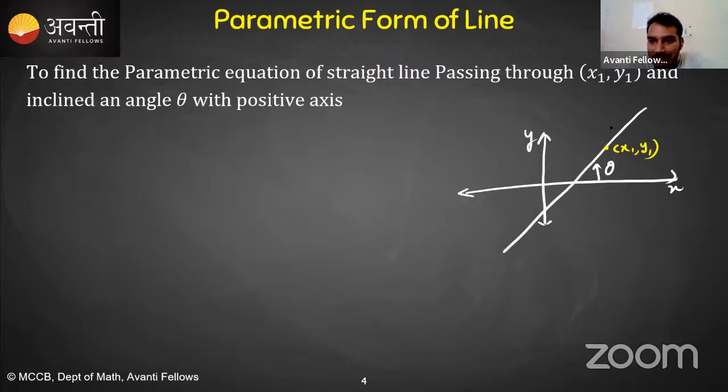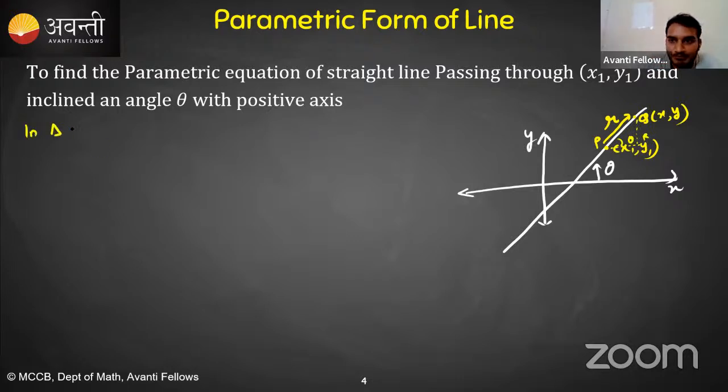Student, all the points on the line are at different distances from this point, right? Let's say I go upward along the line at distance r, and I find some point Q, let's say x comma y. Quickly tell me, let's say this is r and this is theta.